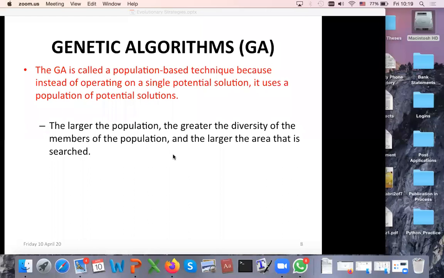And when we have a larger population, it also gives us another concept: our population is diverse. What is the meaning of diverse? Diverse means that in your population you have different kinds of people, and people with different fitness values.